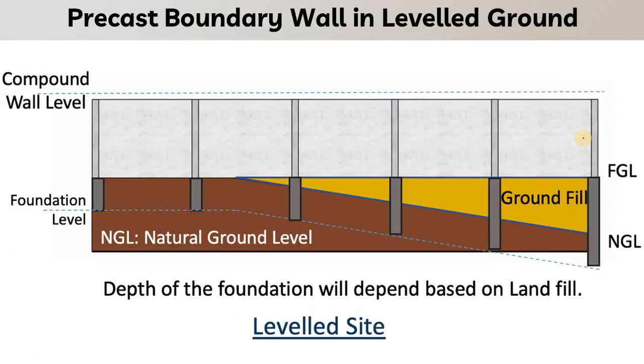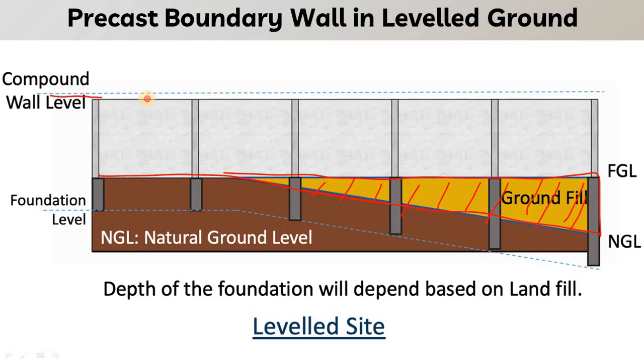Whereas in case of level ground, there will be no level difference, or we can say no step will be seen in the top level of the precast boundary wall, because here also you can see there is a sloping ground, but the ground has been filled to an equal level. This is the filling that has to be done in future.